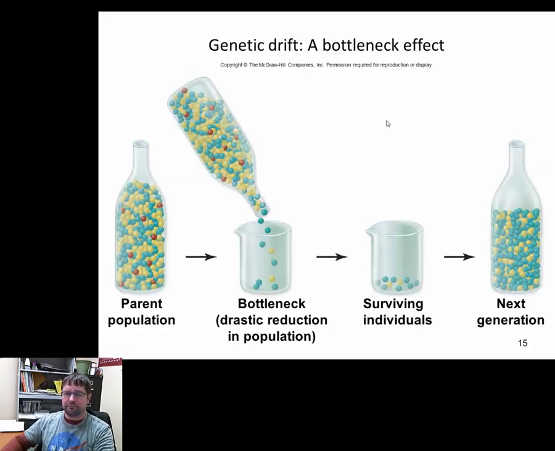Okay? So here you can see genetic drift, or the bottleneck effect. So you have a big population, a few individuals make it, so the population is drastically cut, maybe through hunting, maybe through fishing, maybe through habitat destruction, all kinds of things. The use of DDT, all kinds of things can cause the population to shrink.